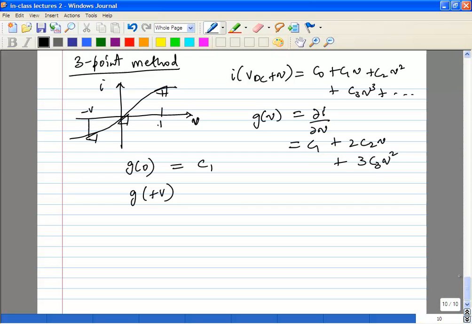Minus V and plus V. Okay, so you're measuring it at the positive extreme. And the negative extreme. So what is negative extreme? Of course, gives you minus.